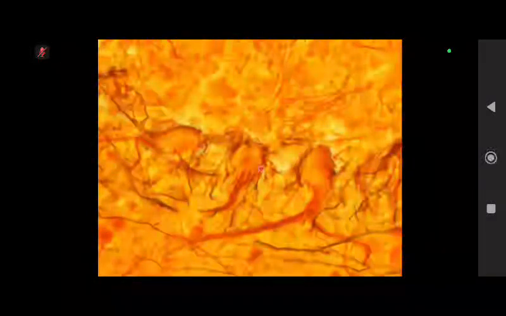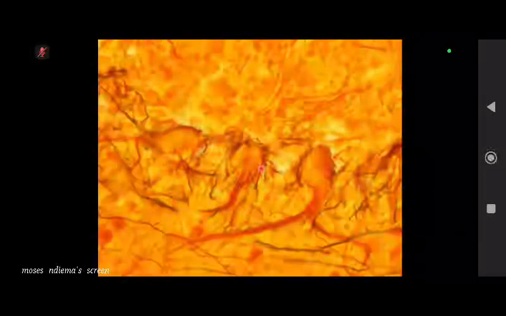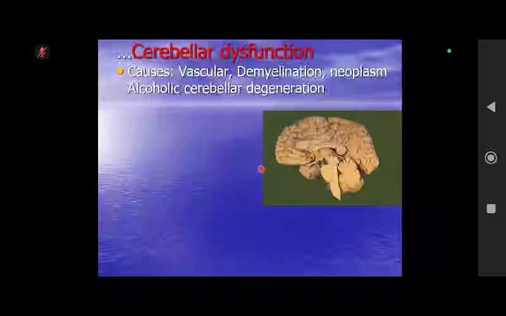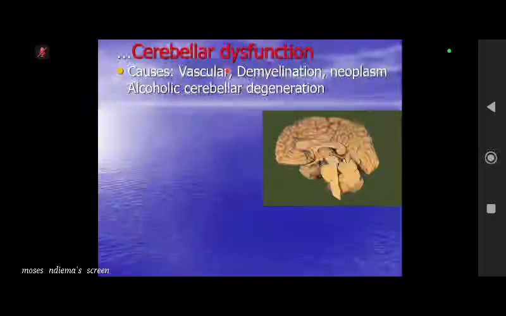Most of this synapsing is inhibitory. So the last question I think I've been able to answer. Any other question?